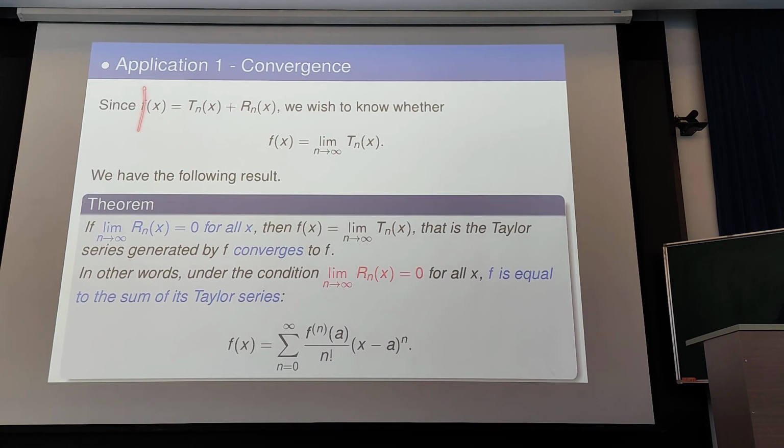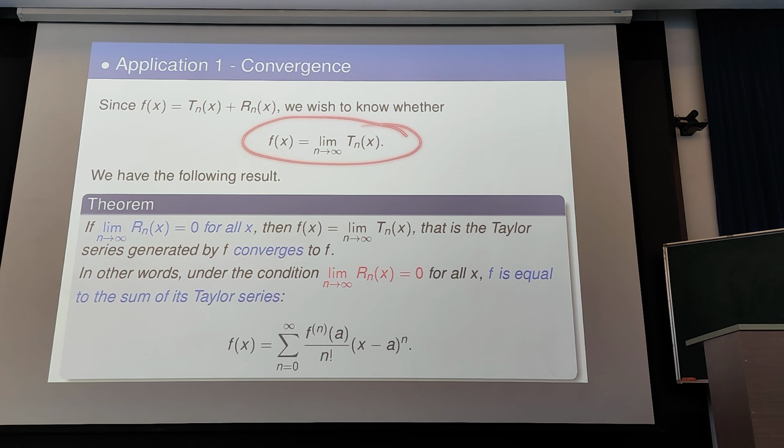So here is the formula representing the function f in terms of the Taylor polynomial and the remainder. And we wish to know whether the function f is the limit of the Taylor polynomials.